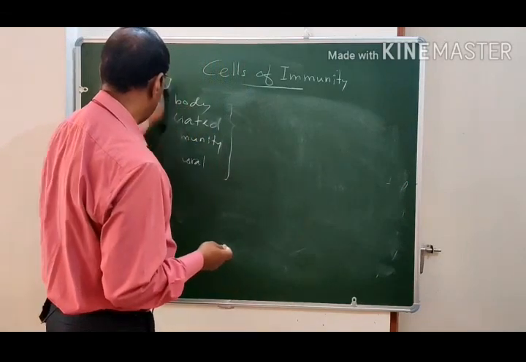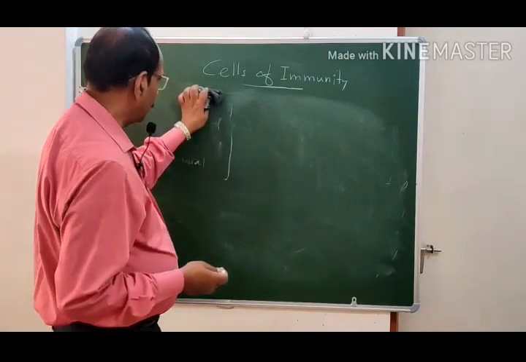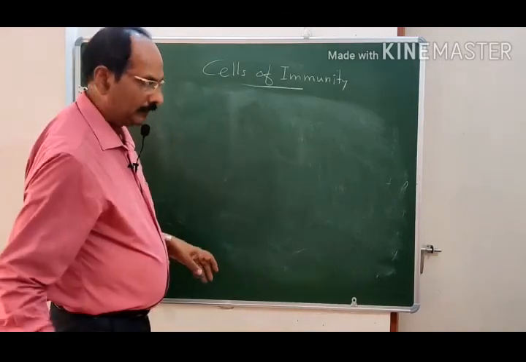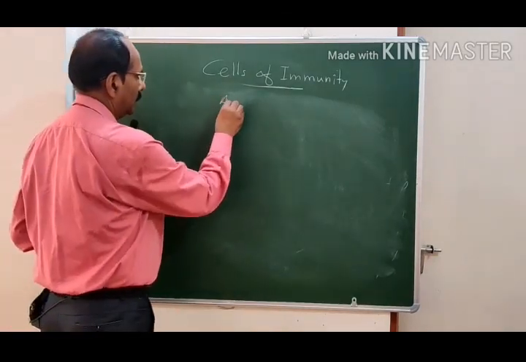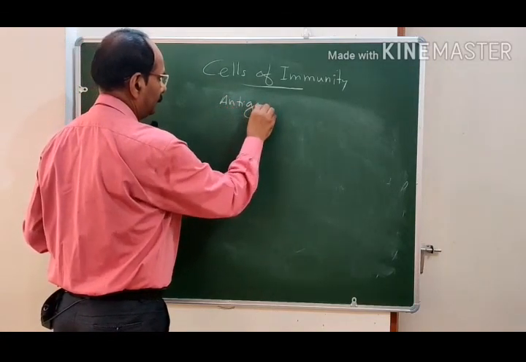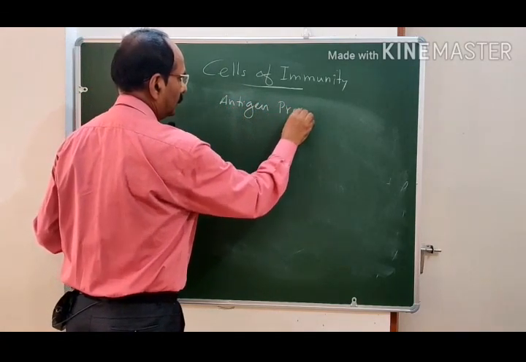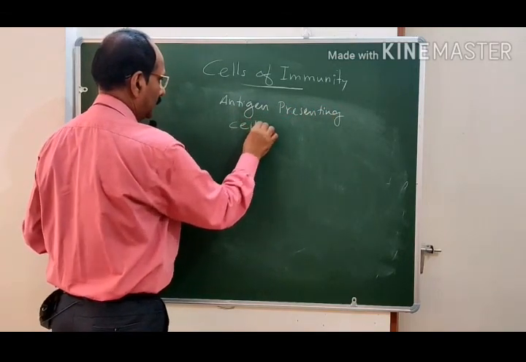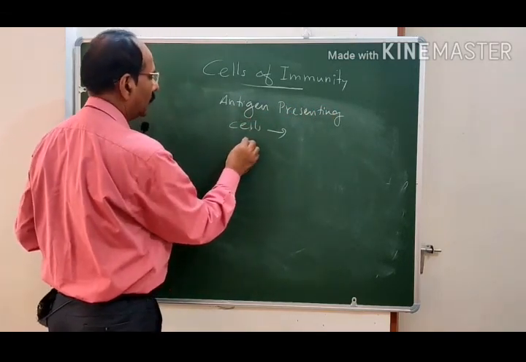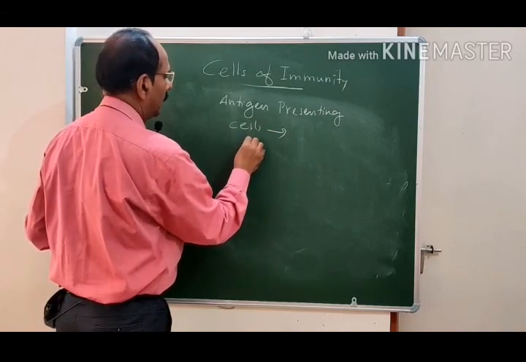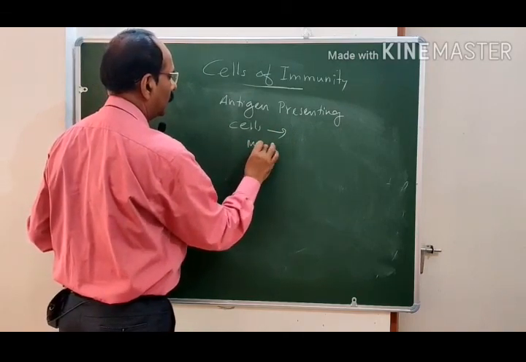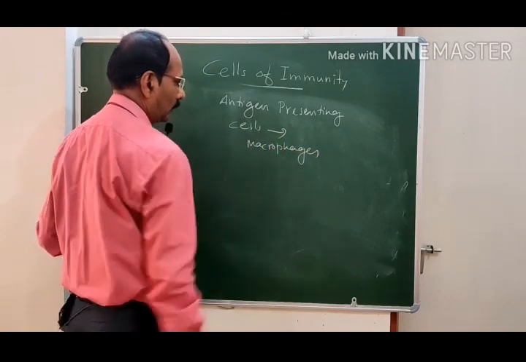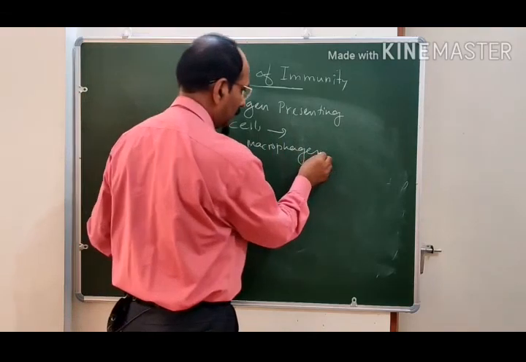Let us see the second type of cells, the antigen presenting cells. Number 1 is the macrophages. Macrophages are present at 2 places.